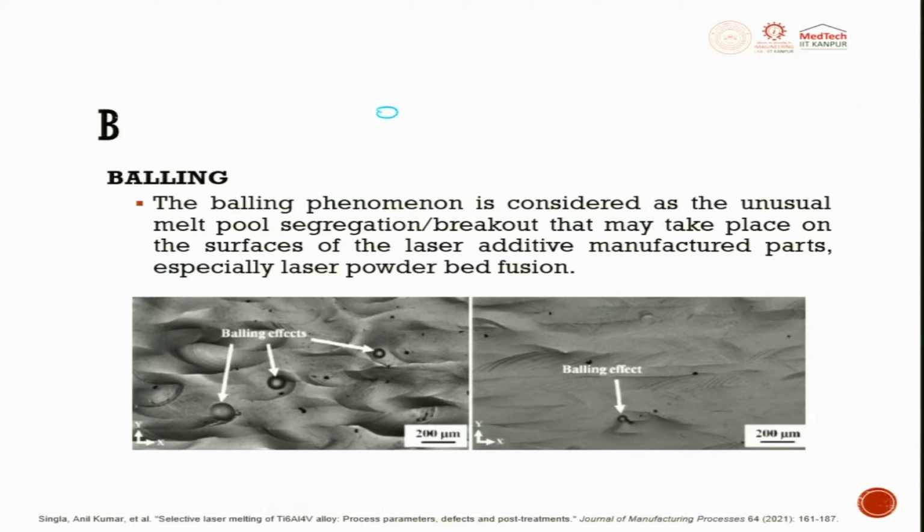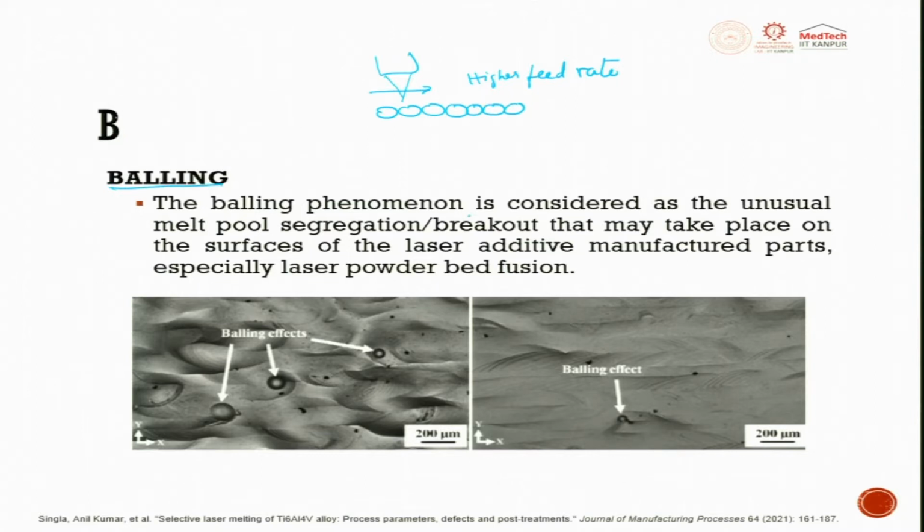When you have material which is powder in nature, and we try to move the laser or electron beam across it, if we have a higher feed rate or if the power is very low, or the viscosity behavior or the surface tension behavior of the material is not properly synced, then the balling effect comes into existence.